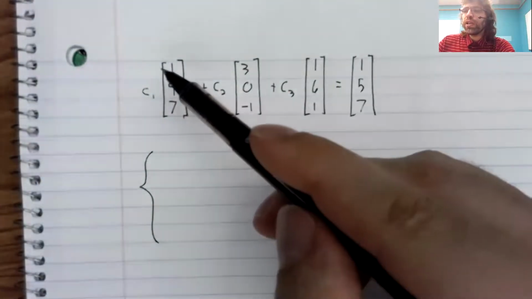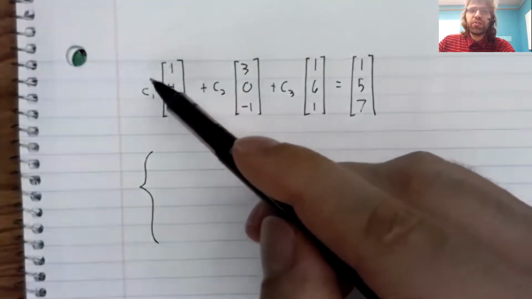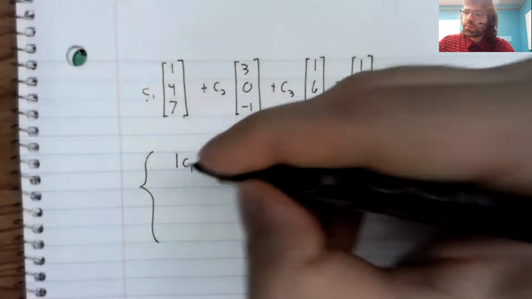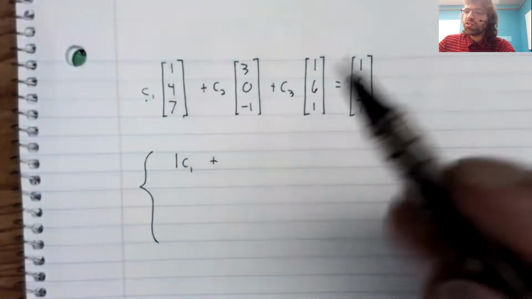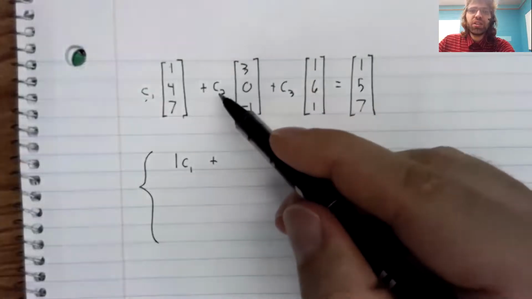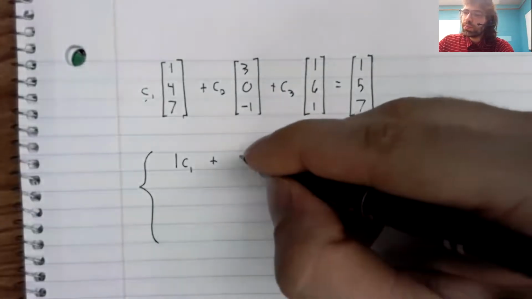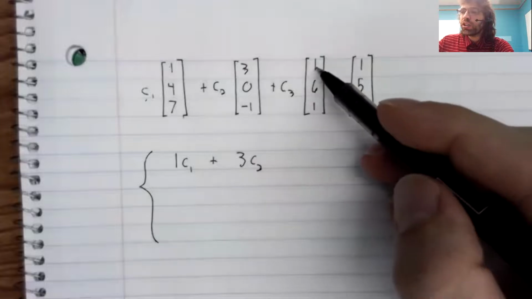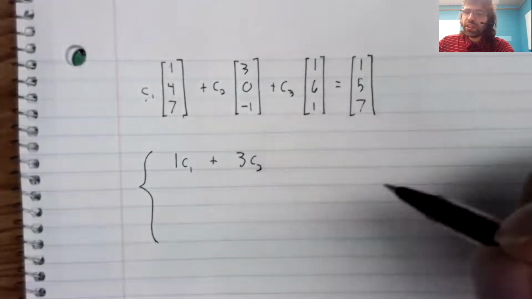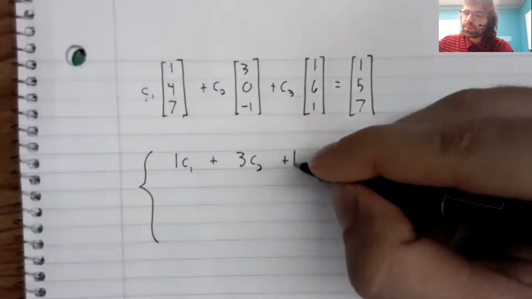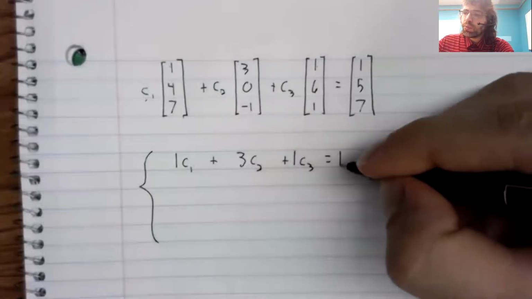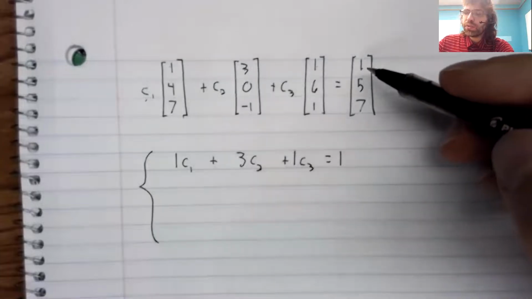The first equation is 1C1 plus 3C2 plus 1C3 equals 1.